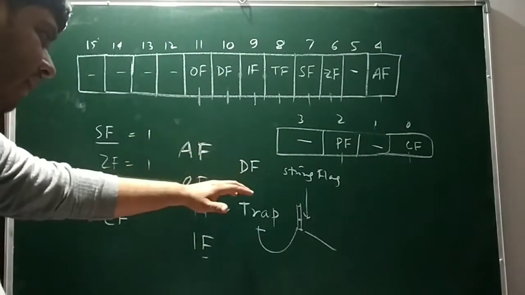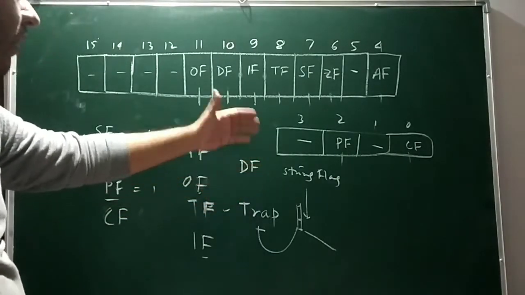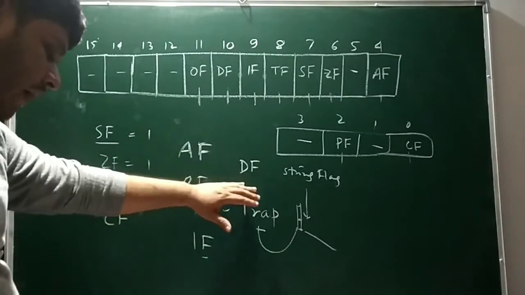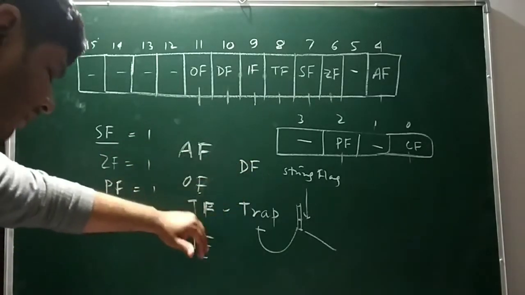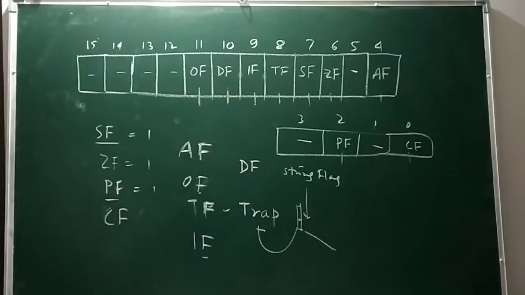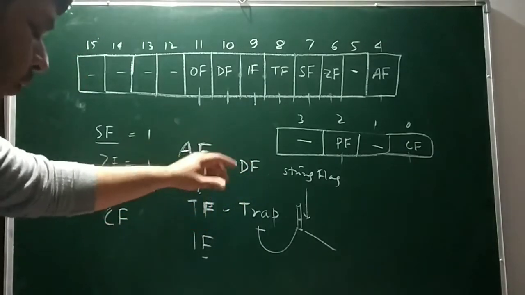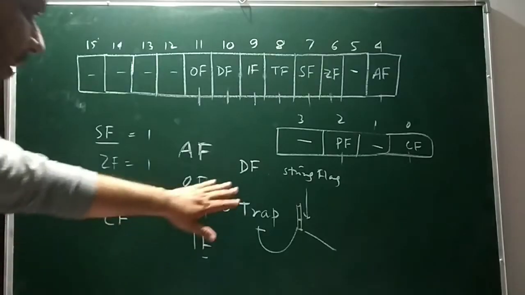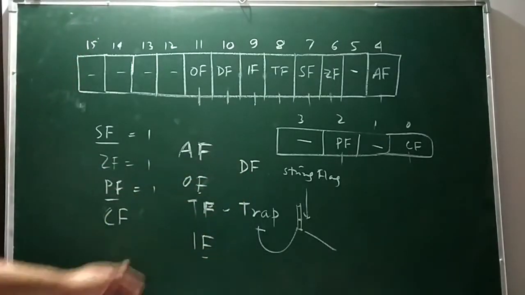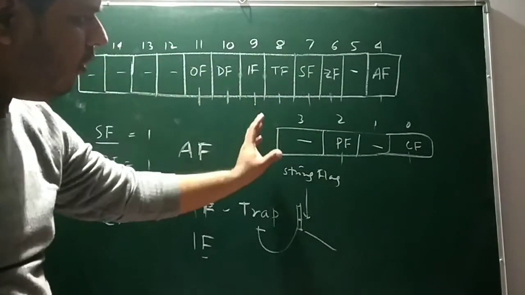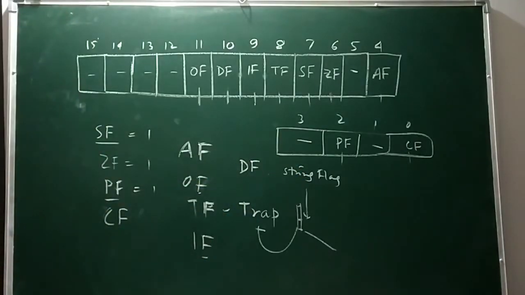Or if this direction flag is set to 1, the string is processed from the highest address towards the lowest address, means auto decrementing mode. When this flag is 0, it will be auto incrementing mode. When this flag is 1, it will be auto decrementing mode. Fine.